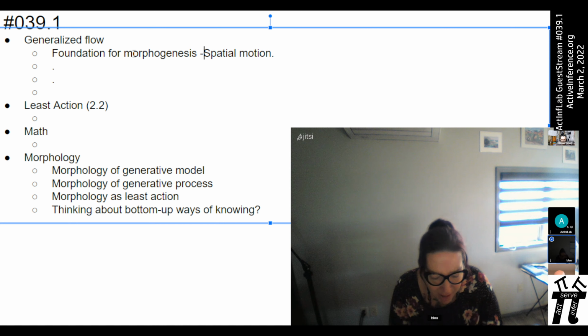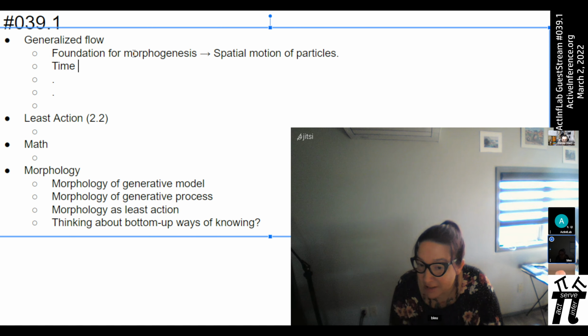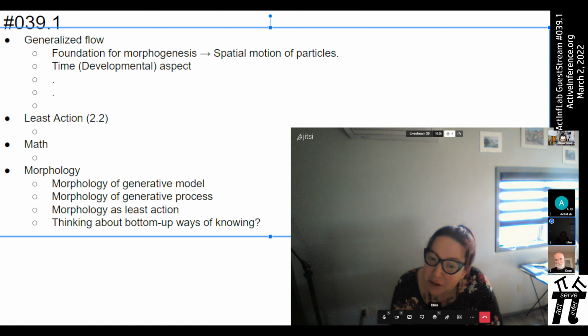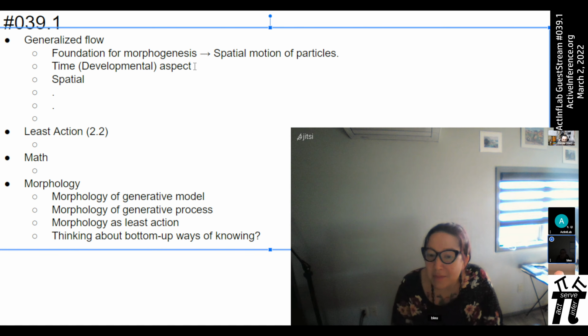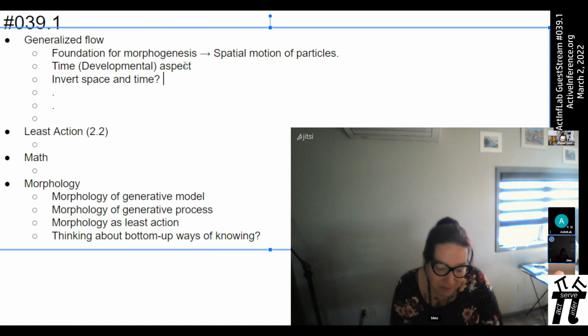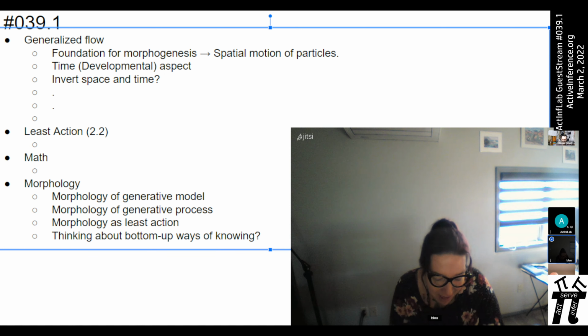And time. And I just wonder, we have a time evolution here, and we're talking about motion in space, but could we do the reverse and talk about a space evolution in terms of time? Like, can we invert space and time here? I was curious if it's possible or mathematically illegal, or why am I even thinking like that? I don't know.